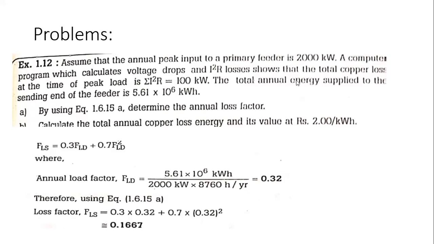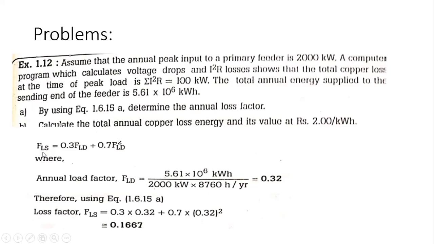Therefore the total annual energy supplied to the sending end of the feeder is 5.61 into 10 power 6 kilowatt hours. By using this we determine the annual loss factor and also calculate the total annual copper loss energy, whose value is 2 per kilowatt hour.